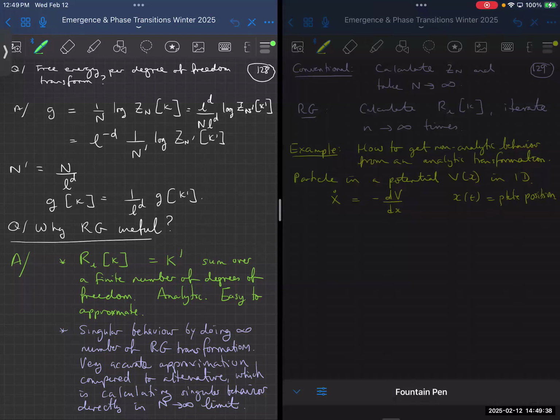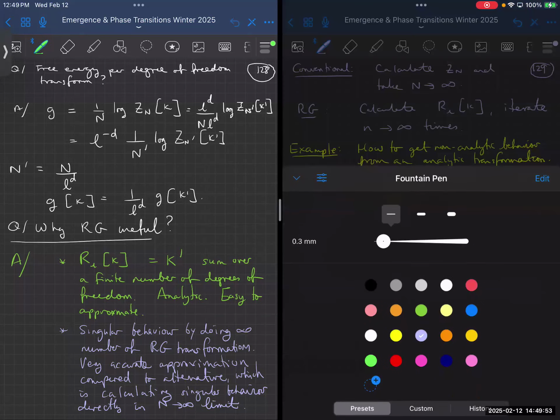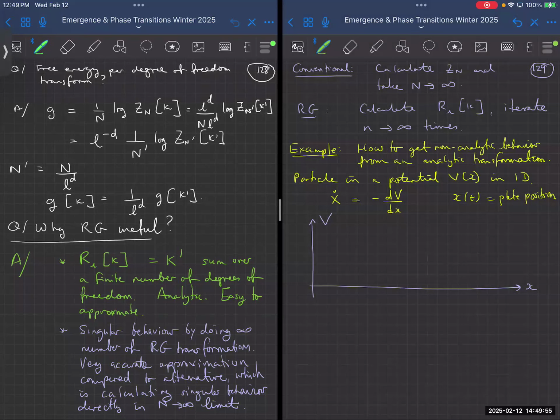Okay, so let's draw the picture of what the well is supposed to look like. Here is x, here is my potential, and hopefully I'll draw this not too badly. So I'm going to draw my potential like that.